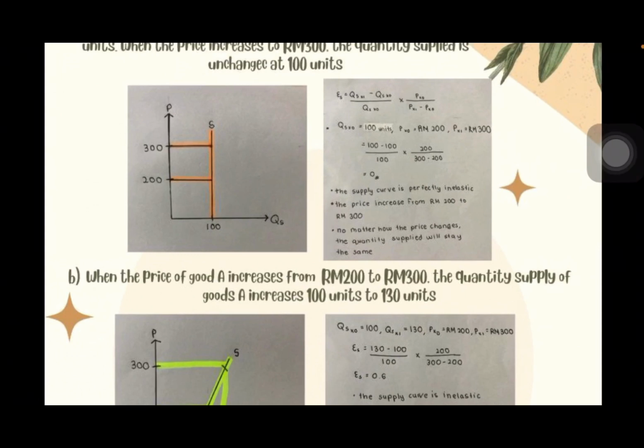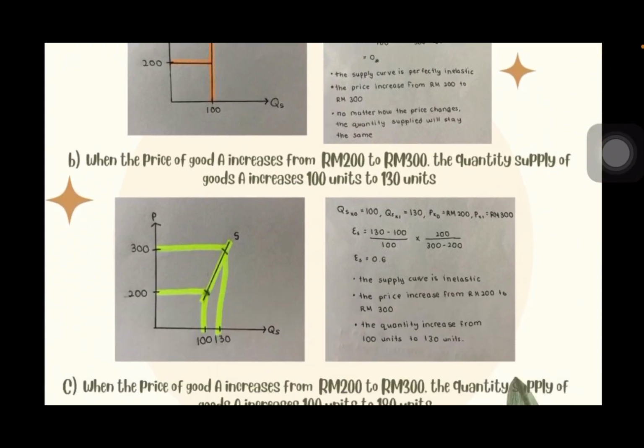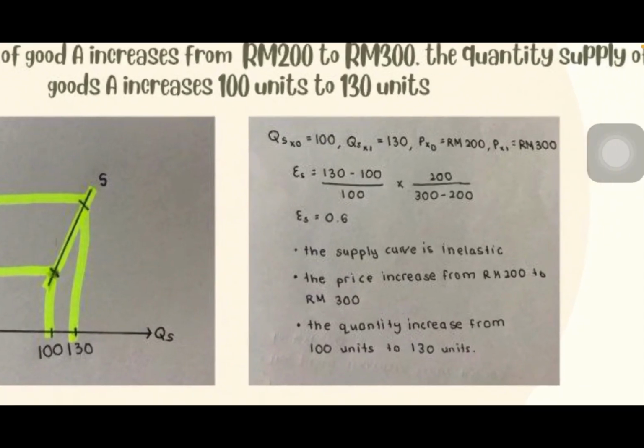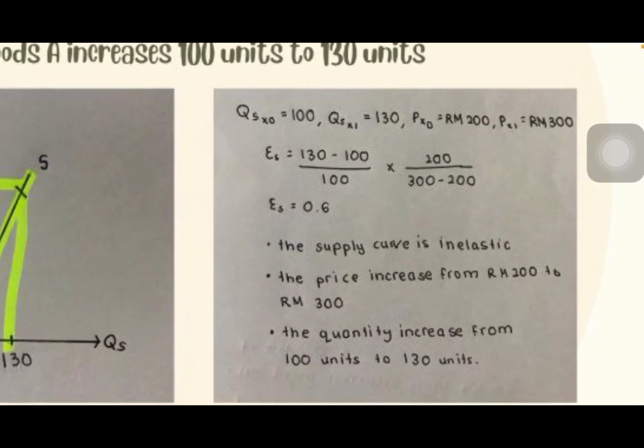When the price of good A increased from RM200 to RM300, the quantity supplied of good A increased from 100 units to 130 units. We will still use the same formula. For quantity supplied 0 equals 100, quantity supplied 1 equals 130, price 0 equals RM200, price 1 equals RM300.